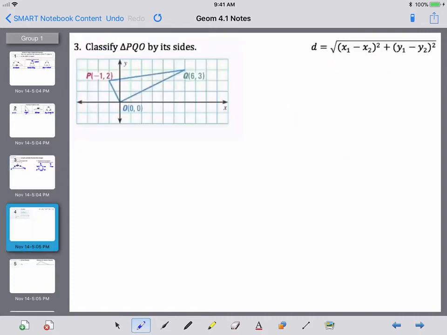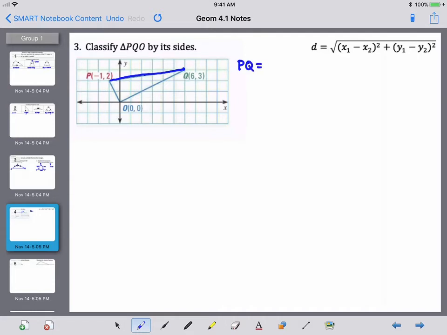Alright, now we're going to move on to something a little bit trickier. We have this triangle PQO, and we're going to classify it by the number of sides that it has. In order to do that, we need to figure out how long each side is. First, let's see how long this side here, PQ, is. To do this, we're going to use the distance formula that we learned back in chapter 1.